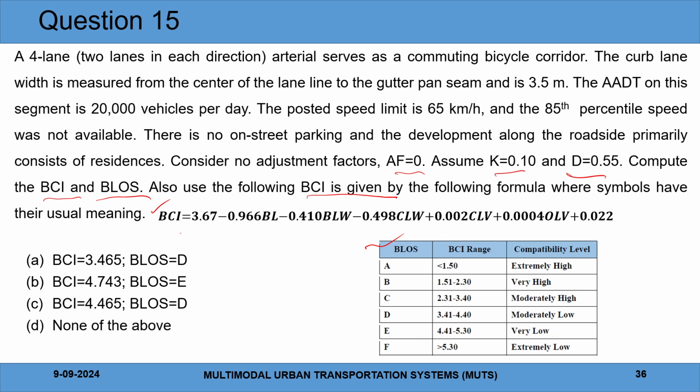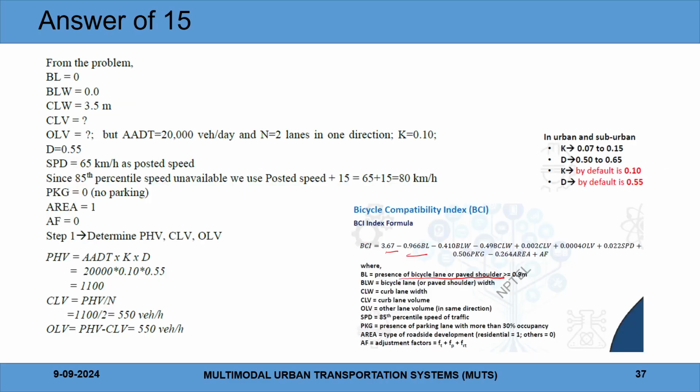So in this case, there is no on-street parking, and the presence of a bicycle lane or paved shoulder is not there, so BL equal to 0.